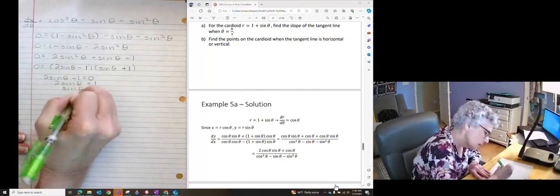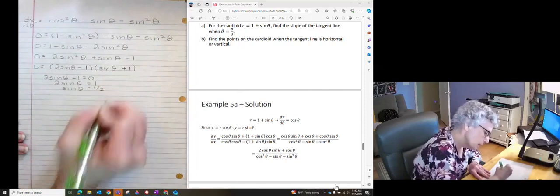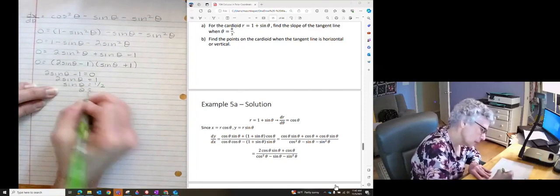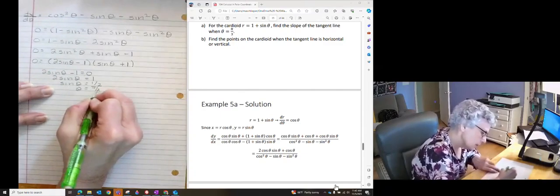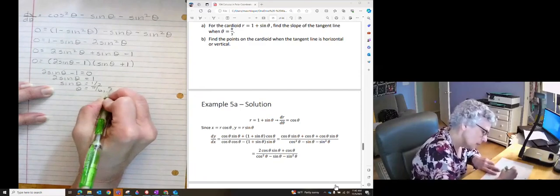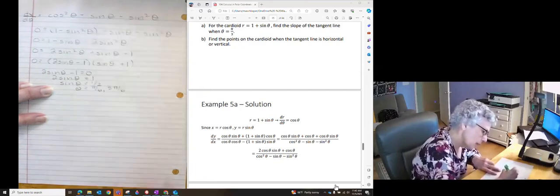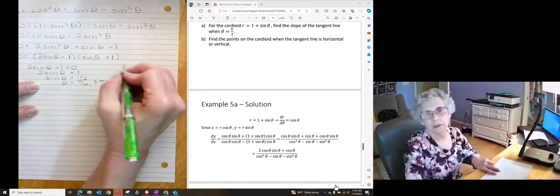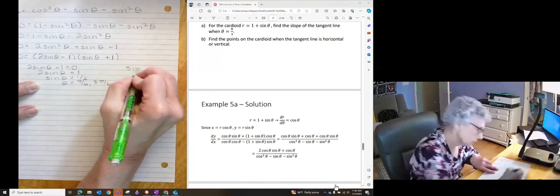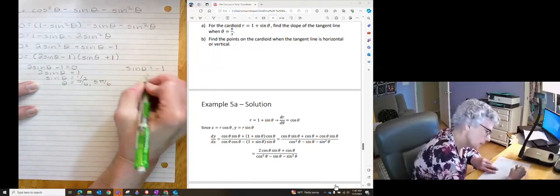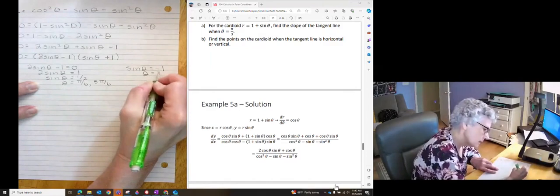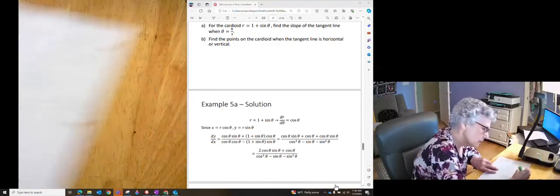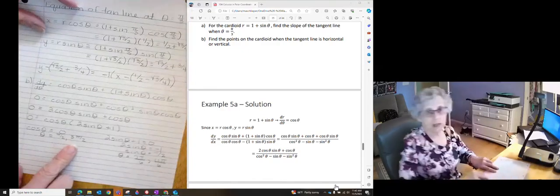So 2 sine theta is equal to 1. Sine theta is 1/2. So theta is equal to pi over 6, or 5 pi over 6, the positive things with 6 in the denominator. And then we have sine of theta equals negative 1, so theta equals 3 pi halves.